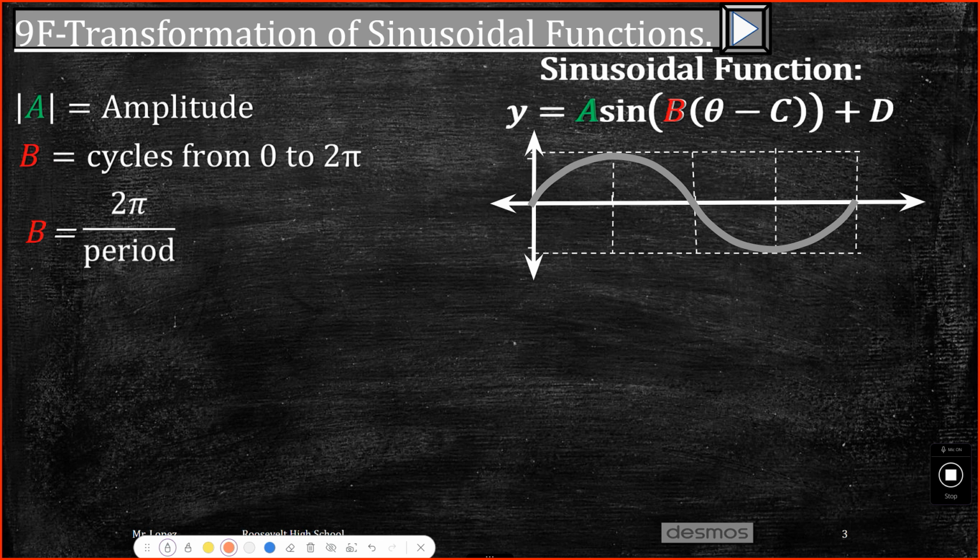Sometimes they give you a frequency, where instead of telling you what B is, they give you a frequency. Frequency will equal 1 over the period.